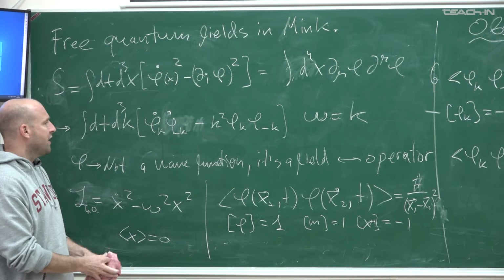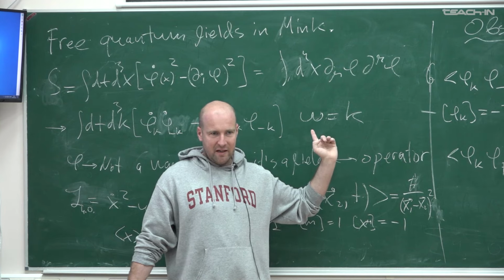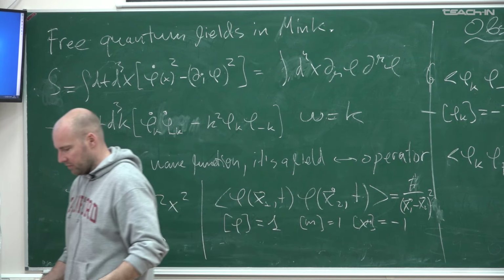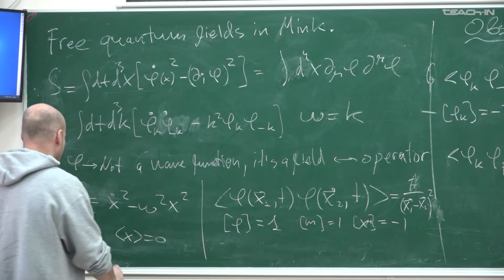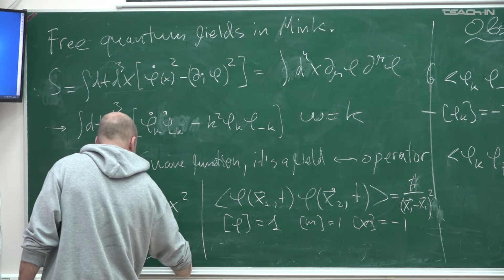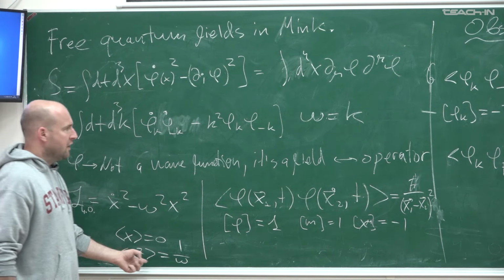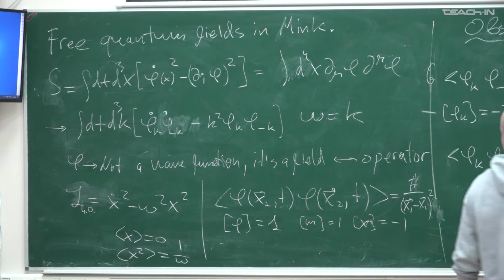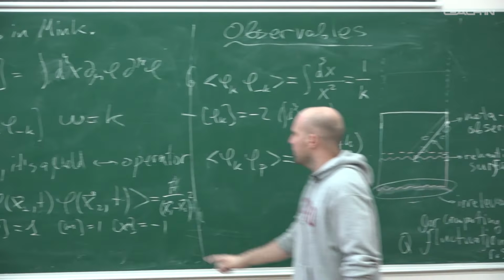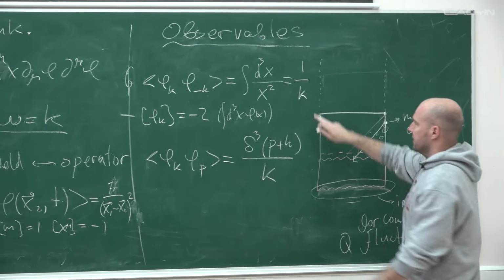By the way, I should have said, I'm computing these expectation values in the ground state of this system, in the vacuum. So this is 0, while this is 1 over omega, right? Remember that we had omega equal k here. So this agrees with this.